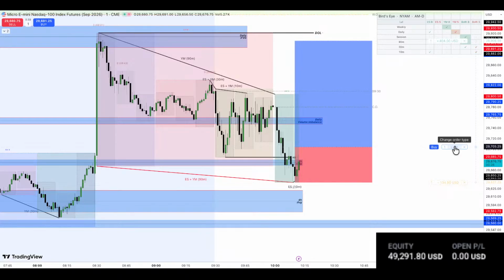Let's see what will happen. If price closes above this high, then I'm shorting it.